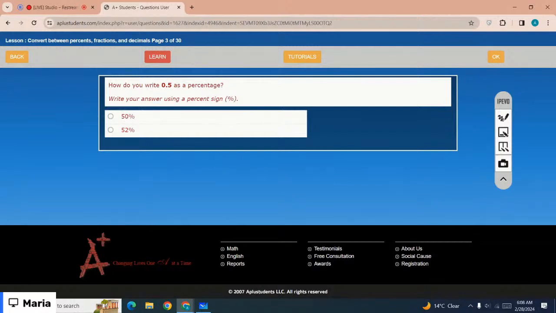When you multiply it by 100, the correct option is 50%. 0.5 times 100 equals 50%. The correct option is 50%. Got it? Option number 1 is the correct option.